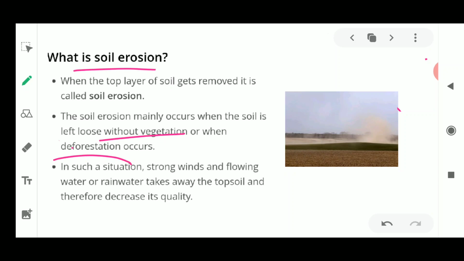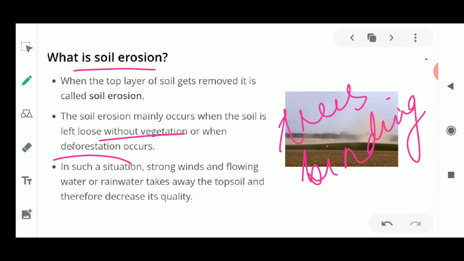Now why is vegetation very important? As I told you about the importance of soil, the roots of the trees are binding the soil particles. Why are they binding the soil particles?